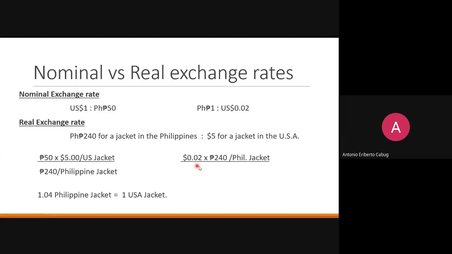Or, if you would like to express how many US jackets per Philippine jacket, multiply the exchange rate in terms of 1 peso, $0.02, times 240 pesos per Philippine jacket. It costs $5 in the US. 0.02 times 240, that's $4.8.